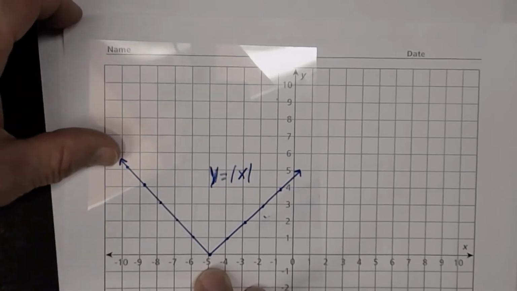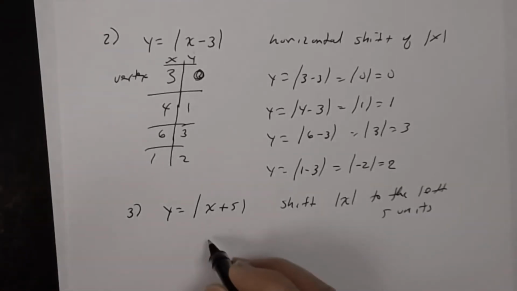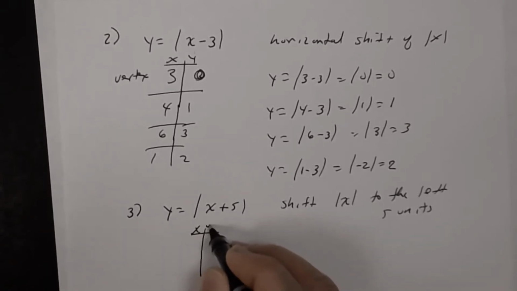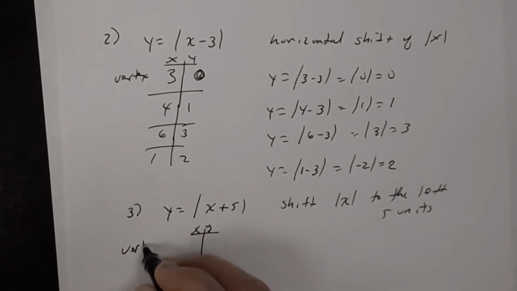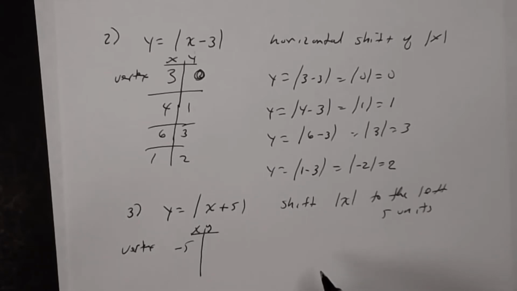Okay? So remember, the first thing I always ask you to do is to find the vertex. So since this is a horizontal shift, the vertex will occur when x is -5. That's where the vertex will occur. Hopefully, if you didn't make a mistake, the y coordinate will be 0.